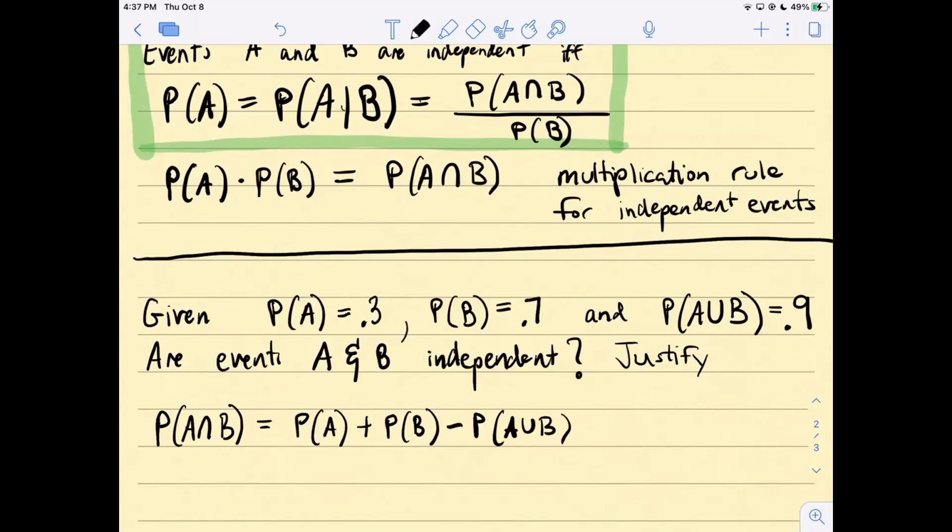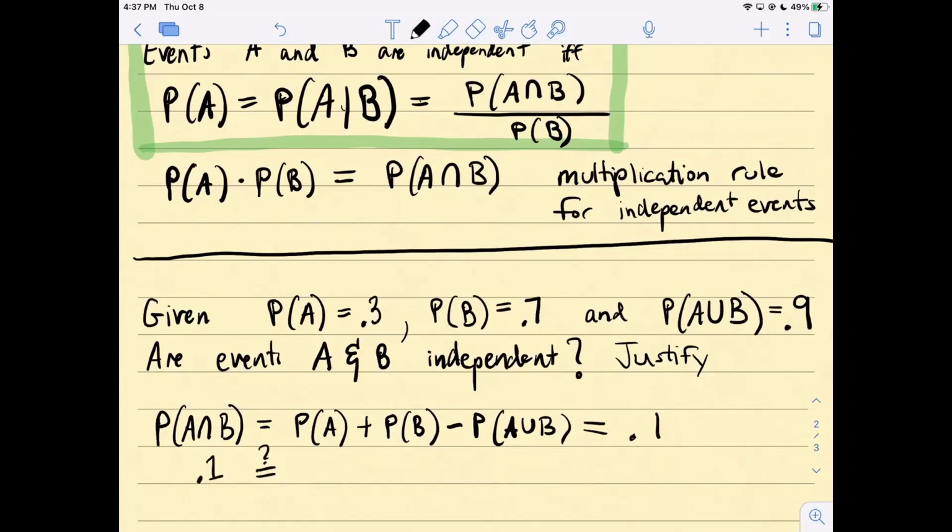There's also the rearrangement version that we did previously. But this allows you to find the overlap, and the overlap is really key for testing if they're independent. So in this case, P of A plus P of B minus the union is going to be 0.1.